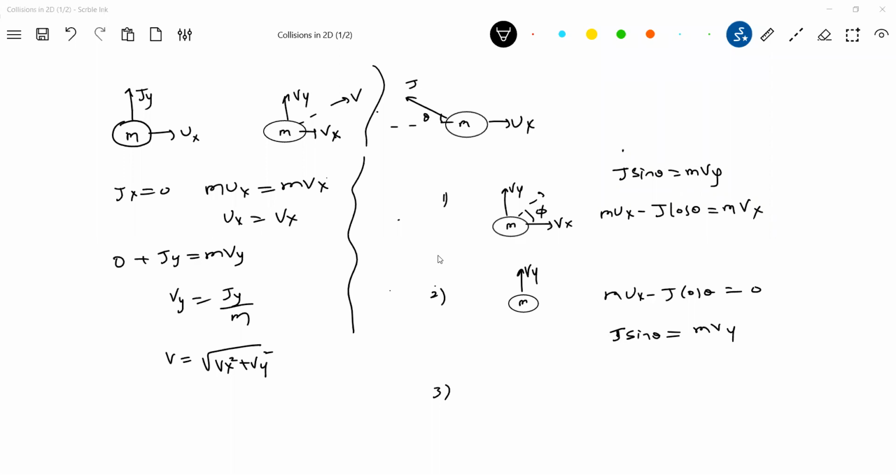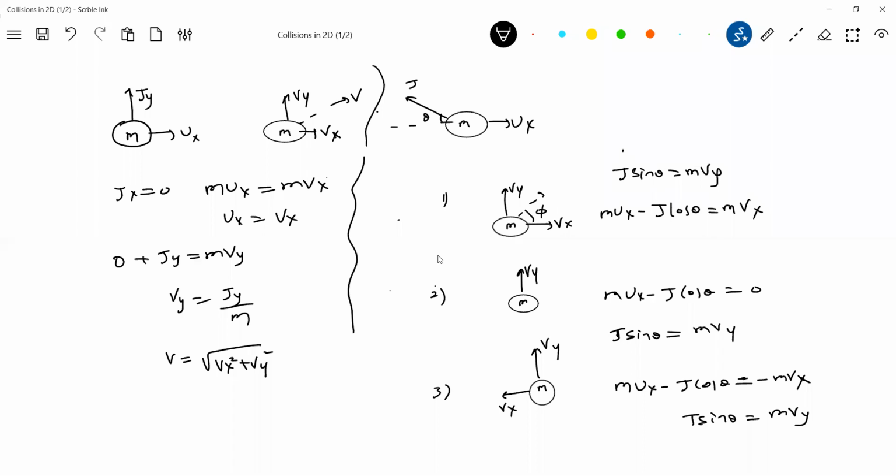Now it can happen that J cos theta is greater than mux. After that impulse is exerted, it may move in this direction. Then in this case, mux minus J cos theta equals minus mvx, and J sin theta equals mvy. So these are the possibilities that can occur.